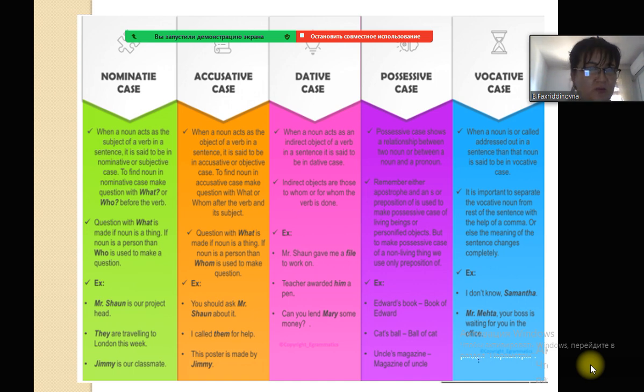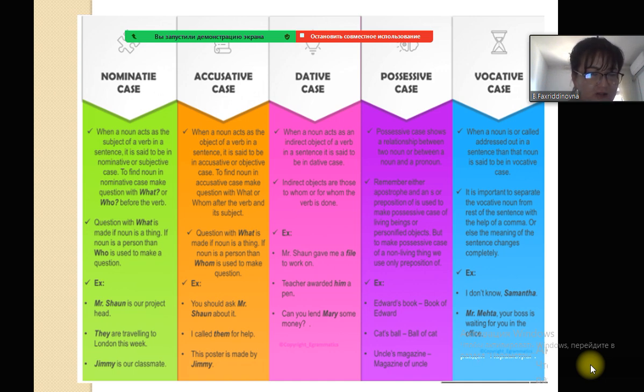And the last one, vocative case. When a noun is called or addressed in a sentence, that noun is said to be in the vocative case. It is important to separate the vocative noun from the rest of the sentence with the help of a comma, or else the meaning of the sentence changes completely.